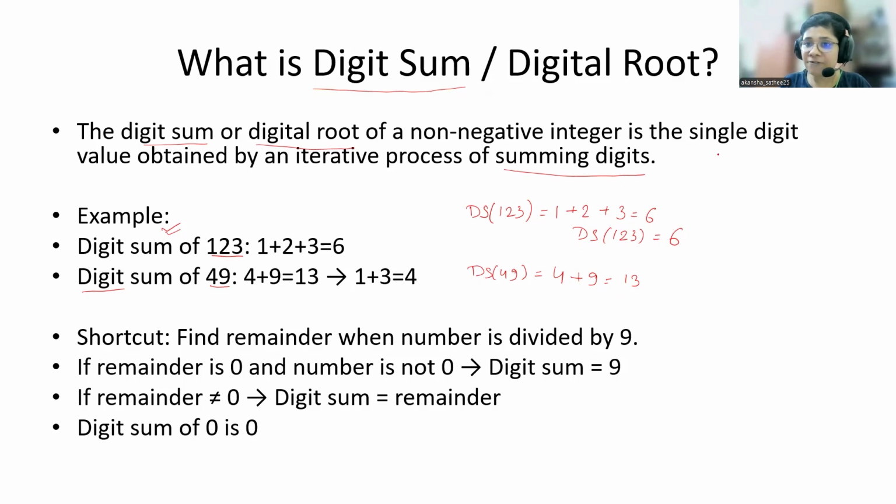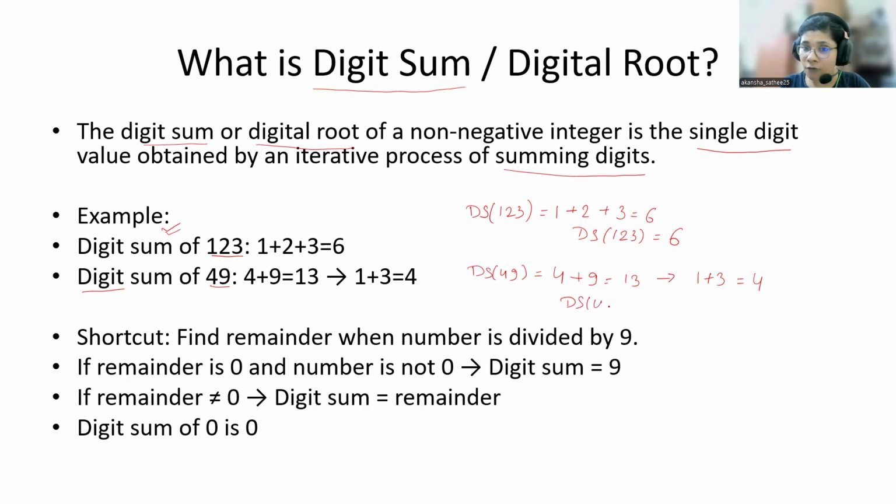But by definition, what is a digit sum or root? It is a single digit value. So since the sum of 4 and 9 is again a number which has two digits, you have to add 1 plus 3 again, meaning the sum of the digits of this new number, and that will equal 4.